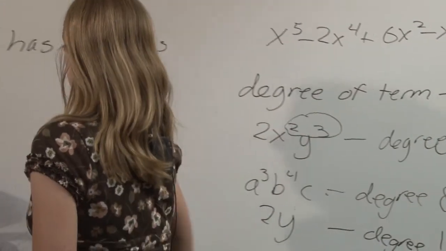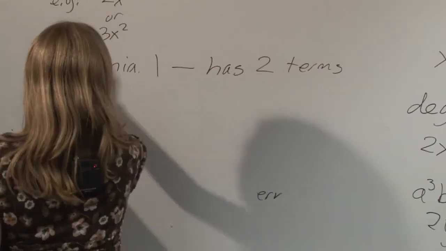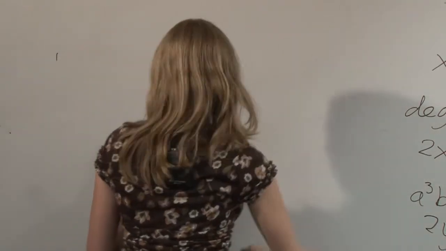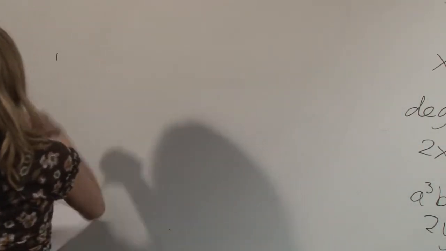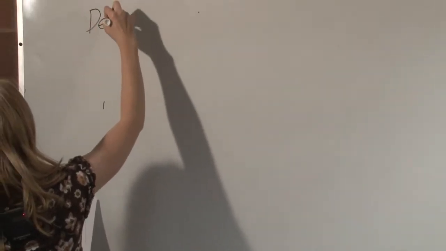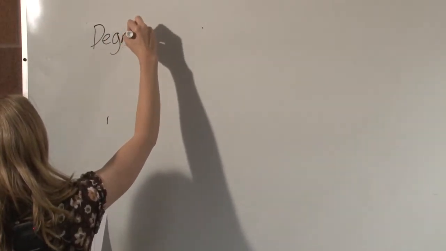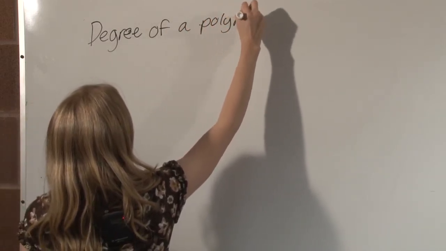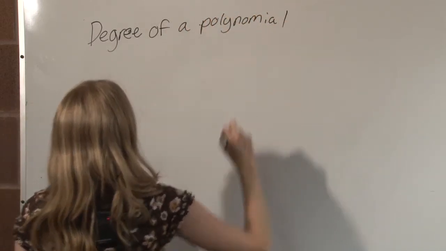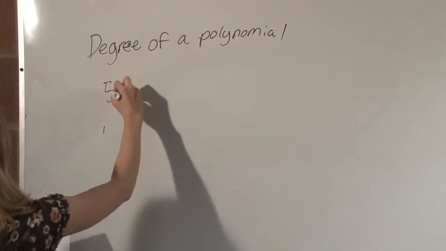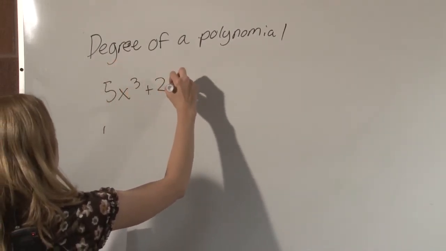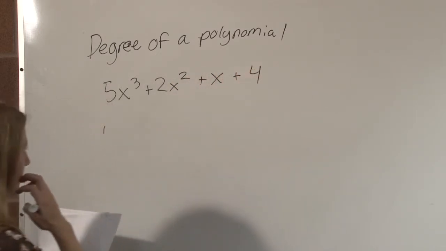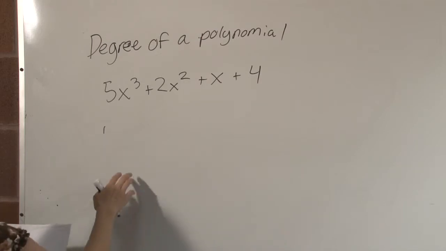So our final term before we start adding polynomials is the degree of a polynomial, which is different from the degree of a term. So to find the degree of a polynomial, you look at the terms and find the term with the highest degree.